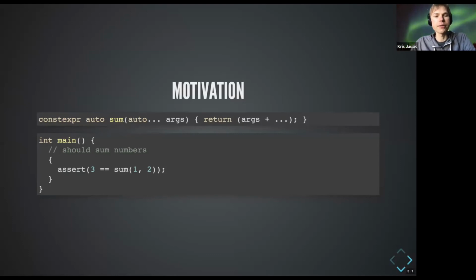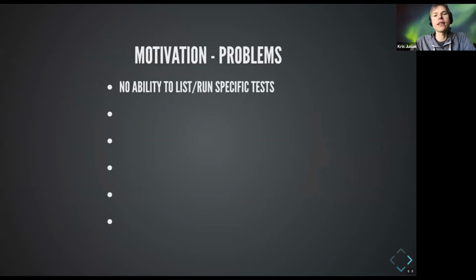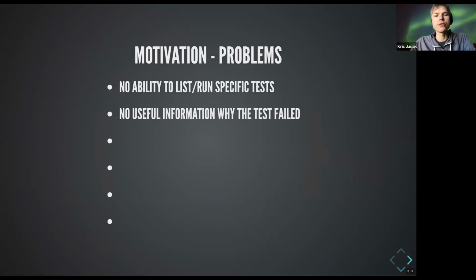And there are a few problems with that. I specified a few of them here. We cannot list or run specific tests. It was just a comment, so we cannot do anything about that. There's no useful information when the test fails from the assert. No why, no line, nothing much.